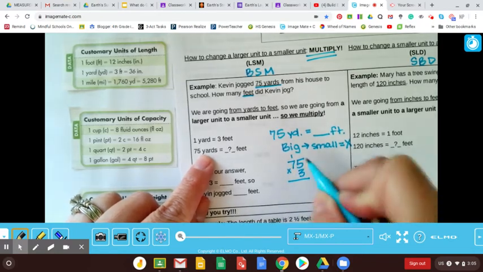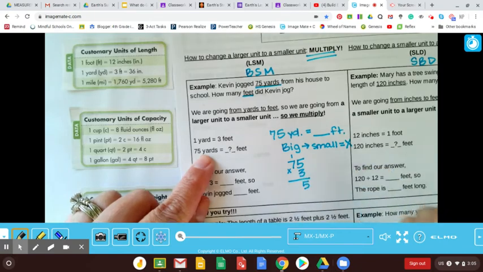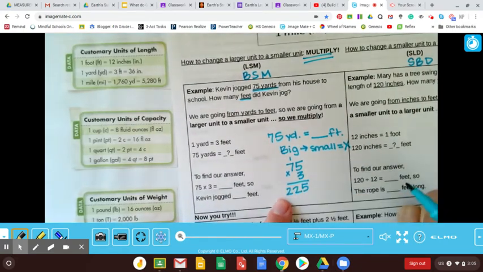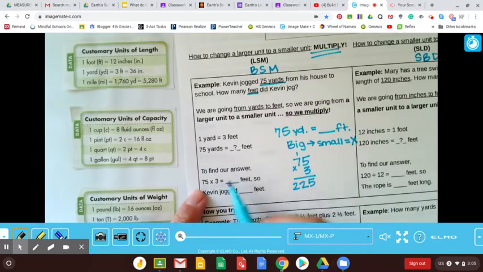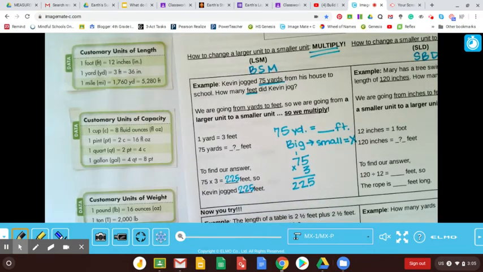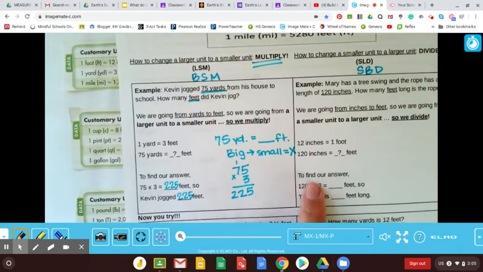So 5 times 3 is 15. 3 times 7 is 21, plus 1 is 22. So to find our answer, we multiply. 75 times 3 is 225. So Kevin jogged 225 feet. Pretty easy, right? All right, let's try another one.